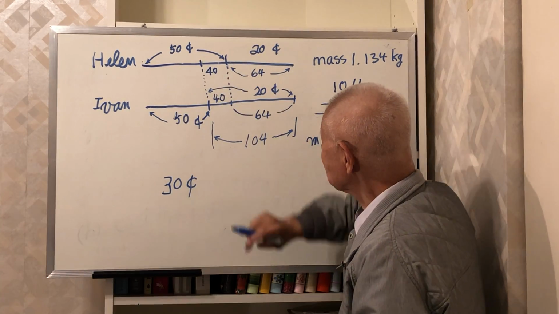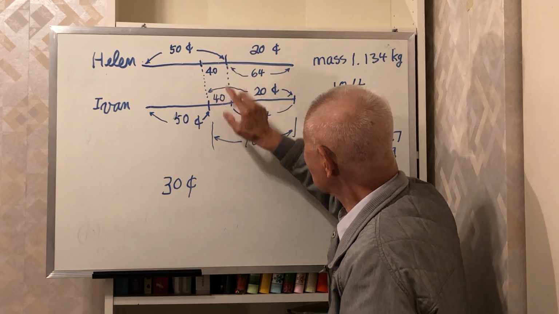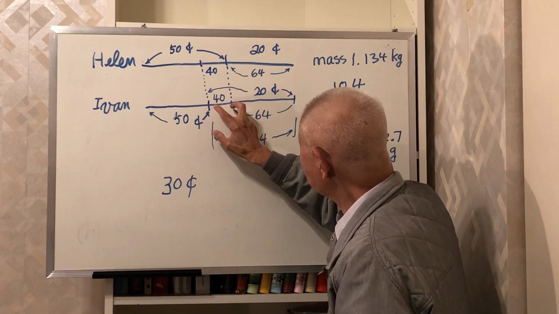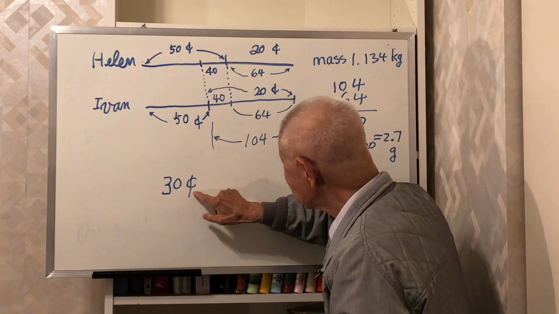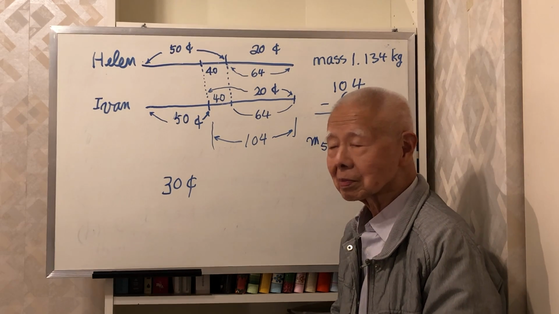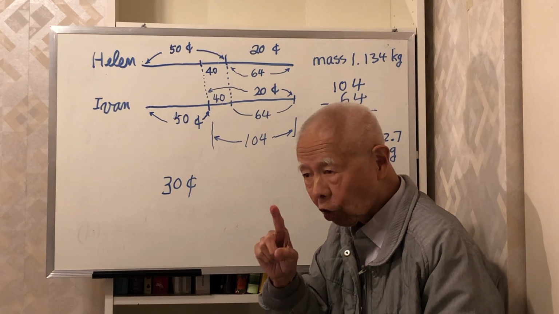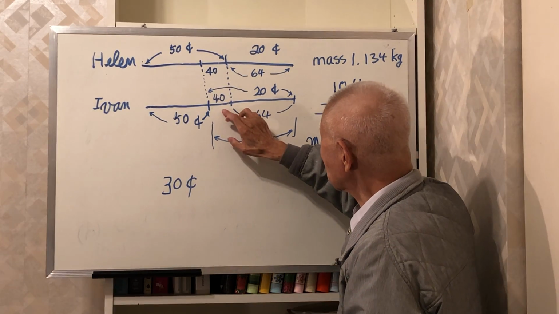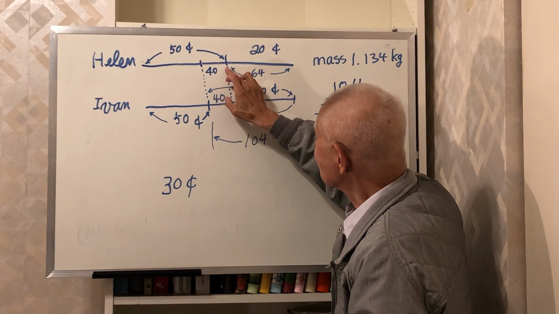Compare this and that. The value here and the value here, for each coin, the value here is 30 cent less than that. For each coin, all right? For each coin, the value here is 30 cent less than the value here.